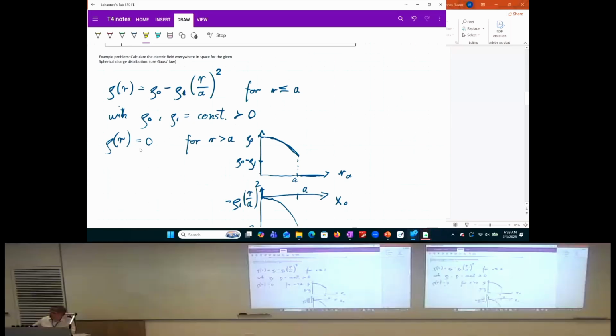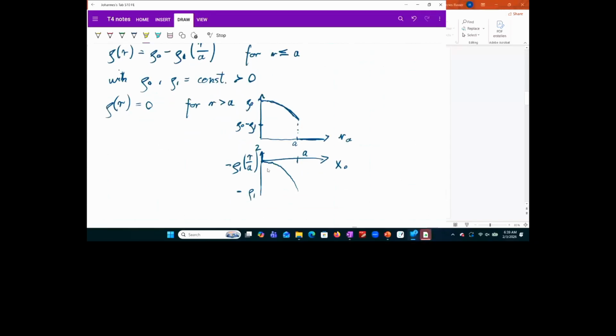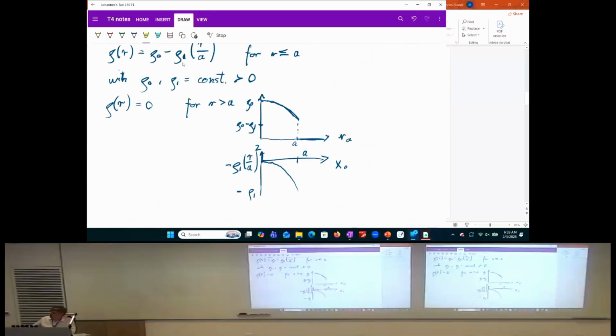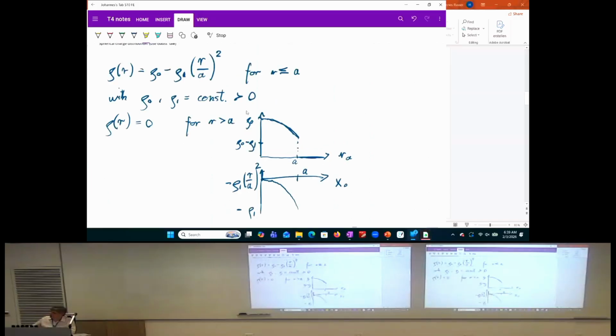So if you just plot the second part here, minus rho 1 times (r over a) squared, that would give you a function that decays like that, and at the radius a it just becomes minus rho 1. So introduce that and deduct it from rho 0.